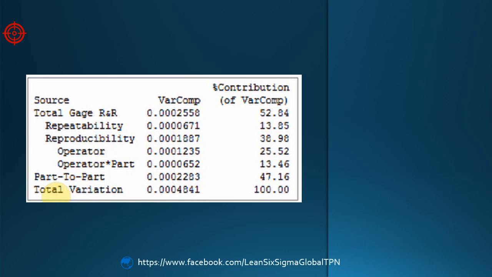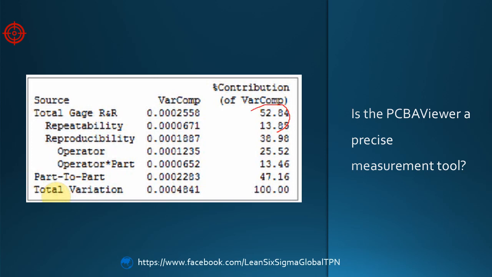Based on the variance components, is the PCBA viewer a precise measurement tool? This is not a highly precise measurement system. The variation in the measurement system, the total gauge R&R, accounts for almost 53% of the variation in the data.